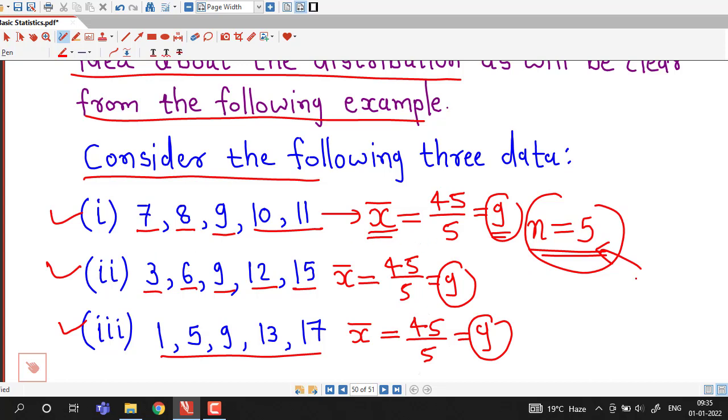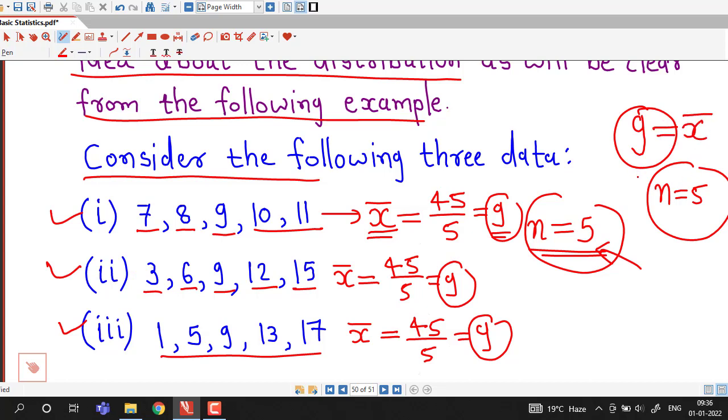So suppose we are interested in the data with mean equal to 9 and number of observations equal to 5, then we may have several distributions having mean 9 and number of observations 5.